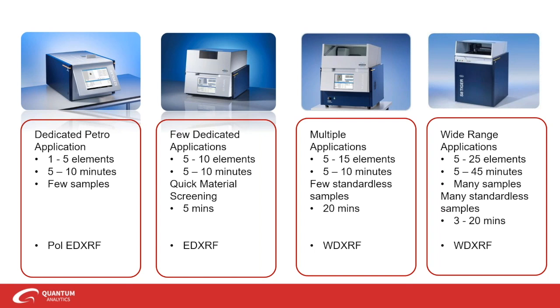Look at this dedicated analyzer here: on the left side are your energy dispersive X-ray systems. You can see the guidelines here, about 1 to 5 elements with one analyzer, about 5 to 10 elements. The time for analysis is about 5 to 10 minutes, including some sample prep and so on.